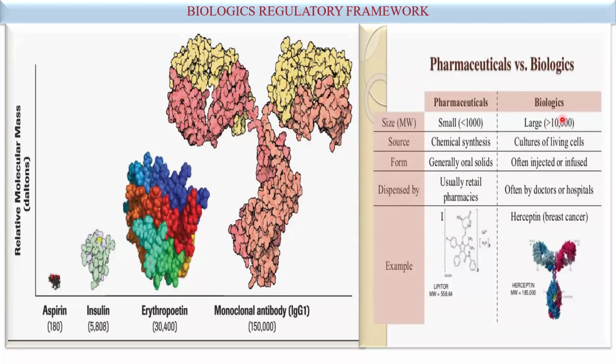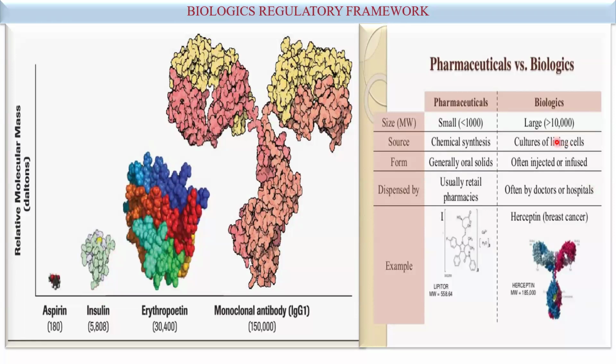When you are talking about biological molecules, large molecules, you can say greater than 10,000 Daltons. Insulin, in some cases, we can call a peptide also. The thumb rule is that a molecule having around 40 amino acids falls under the peptide category. Insulin has around 51 amino acids, so we can consider it a peptide molecule also.